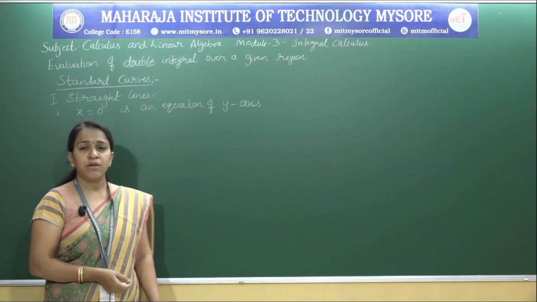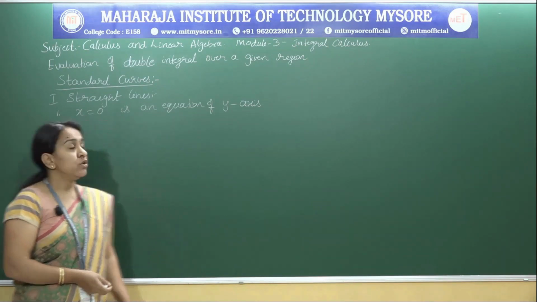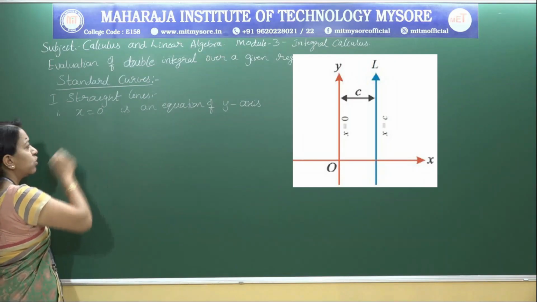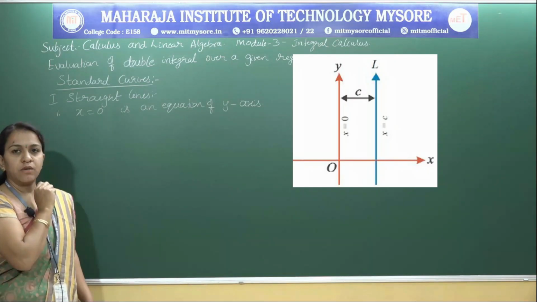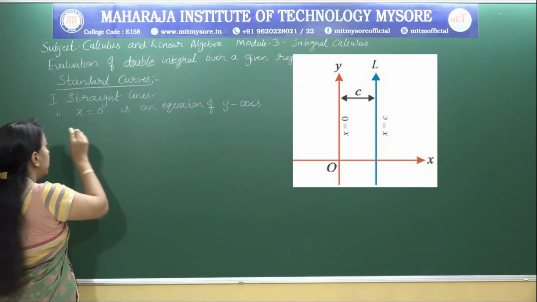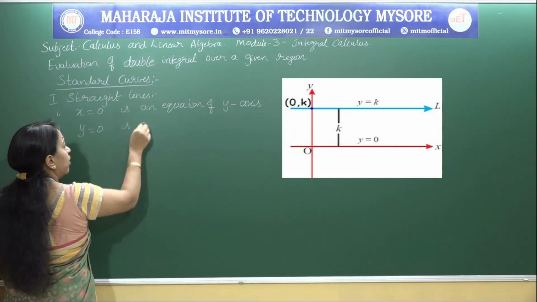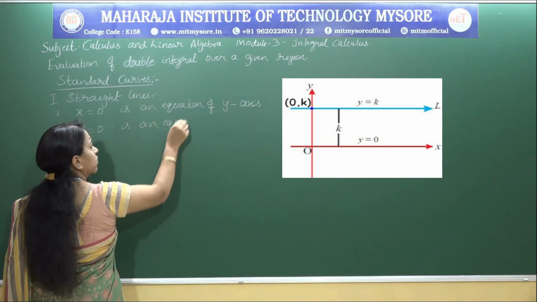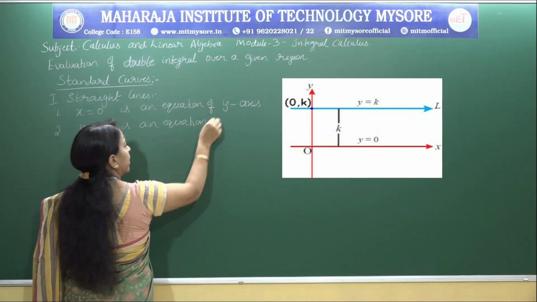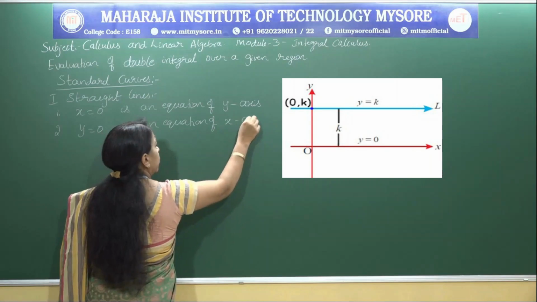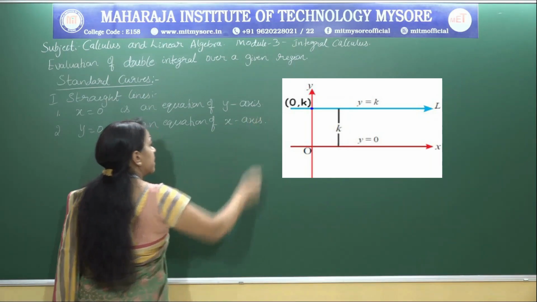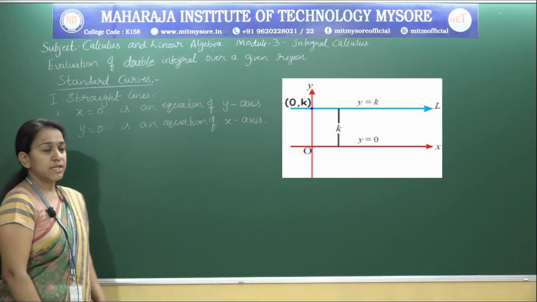So we have different types of straight line. If we have the equation x equal to 0, then that represents the equation of the y axis. And also if we have y equal to 0, it stands for the equation of the x axis.